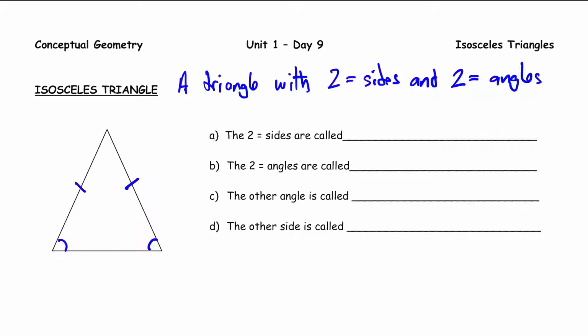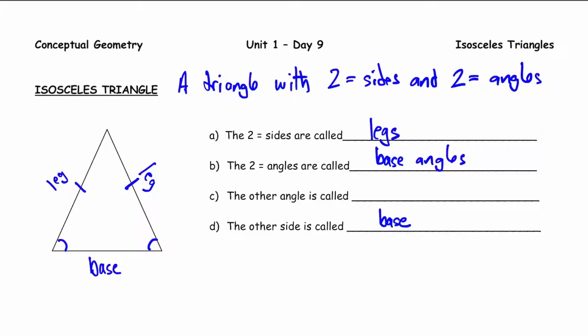The two equal sides are called legs. So this is a leg here, and this is a leg here. The two equal angles are called base angles, which makes this the base of the triangle. This side's called the base. I'll write that in down here.